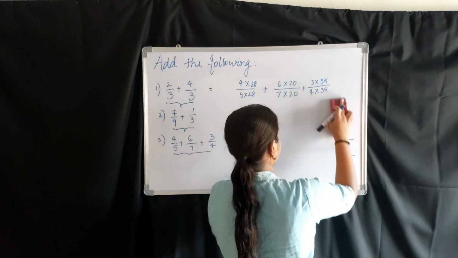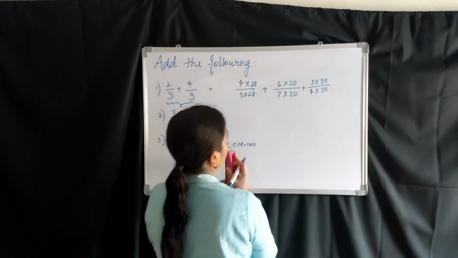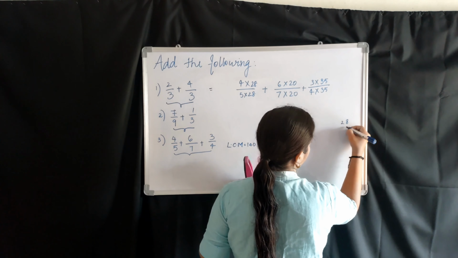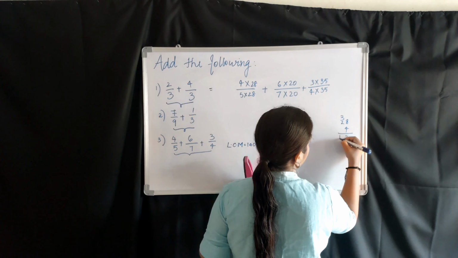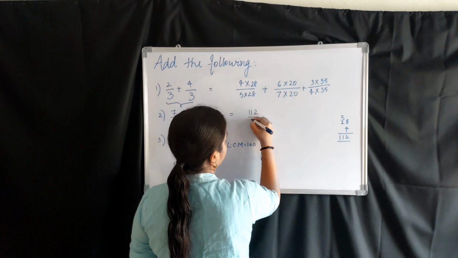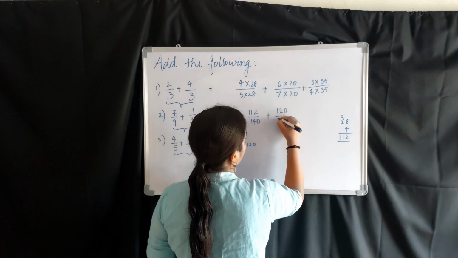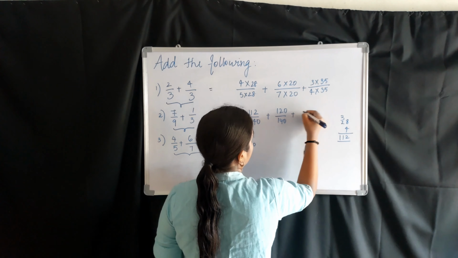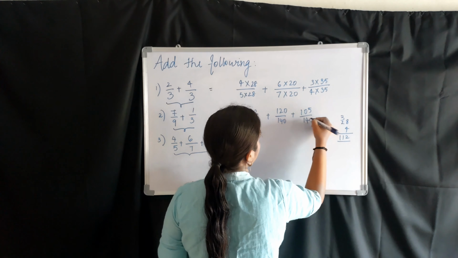So we have made the denominators equal, 140 now. For further calculation, we just have to add the numerators. So it's 112 by 140 plus 120 by 140 and 105 by 140.